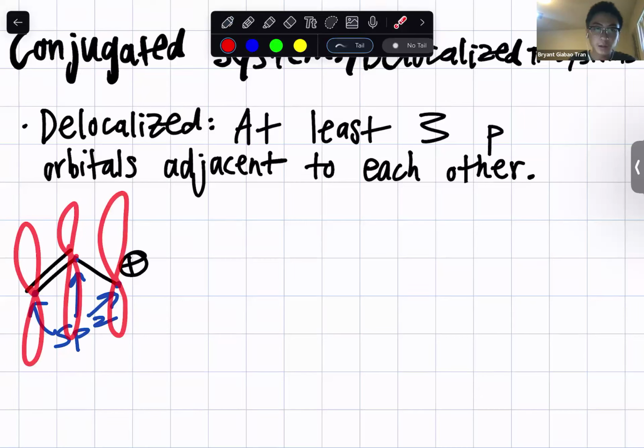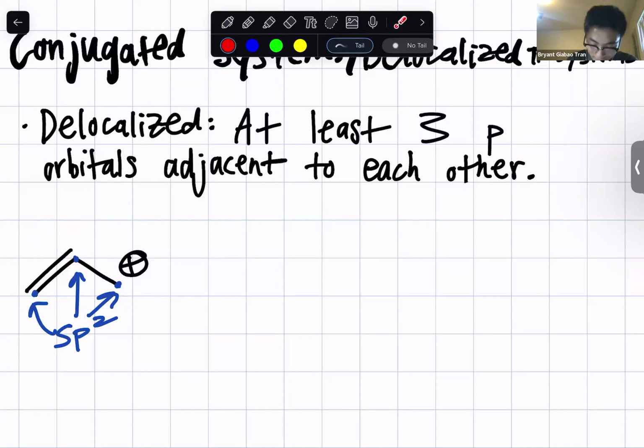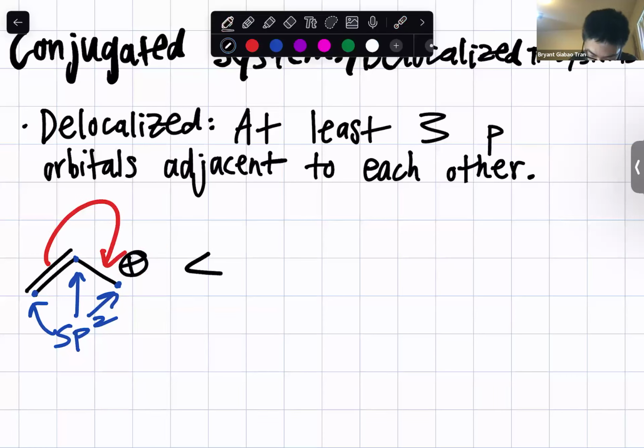When you have a network of at least 3 p orbitals next to each other, that is going to have resonance and delocalization, right? Since there's a carbocation here, we could do resonance by shifting this double bond there. When we draw that resonance structure, it should look like this.